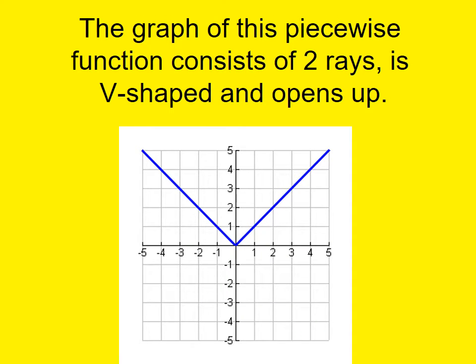The graph of this piecewise function consists of two rays. The rays start here at the origin, so that's the beginning, or the vertex, of the rays, and it is V-shaped and opens up, as you can see right here.